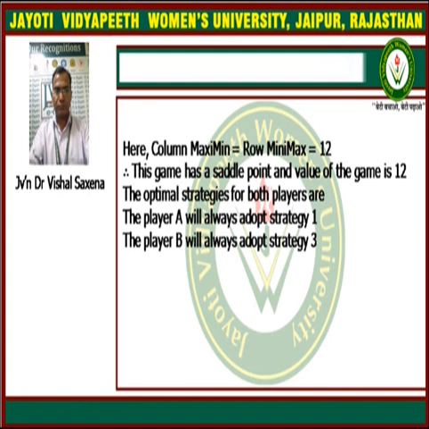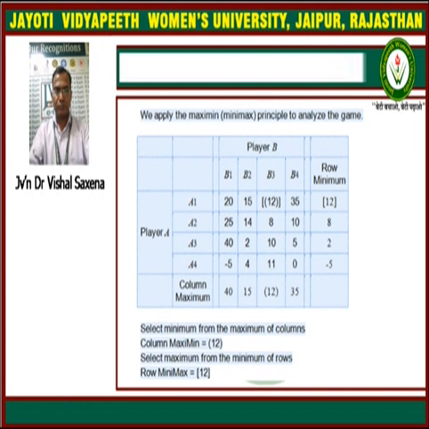So in this way the value of the game is 12, and we have the optimal strategy for both players. Now we have to find the optimal strategies for the players, and we can find them from our payoff matrix. The optimal strategy for player A is the first, while the optimal strategy for player B, the second player, is the third.